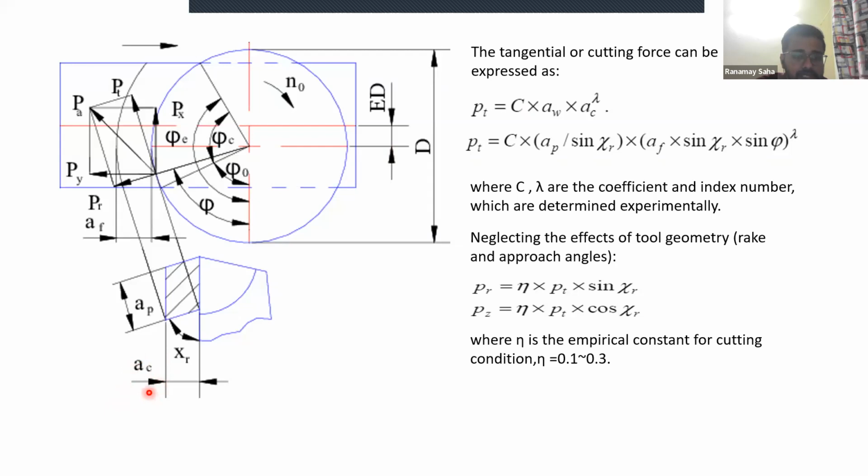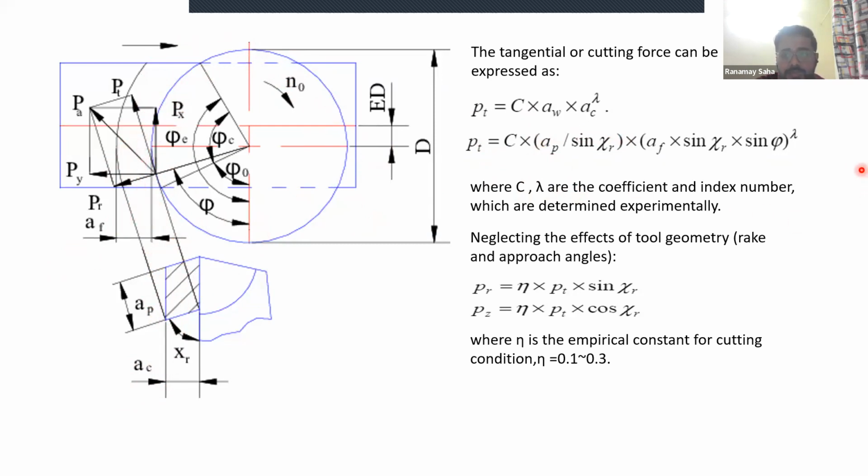So this happens to be the thickness of the cutting portion of the tool, right? This is a teeth. Out in the periphery there are numerous teeth. A milling cutter is a multi-point cutting tool. So from that you can find these values, AP. Then this is AF, that is the thickness of the uncut chip.